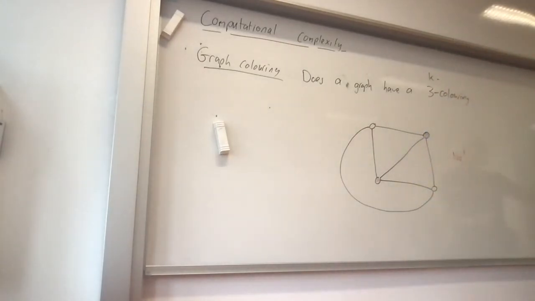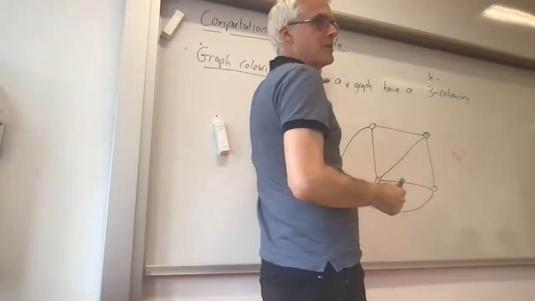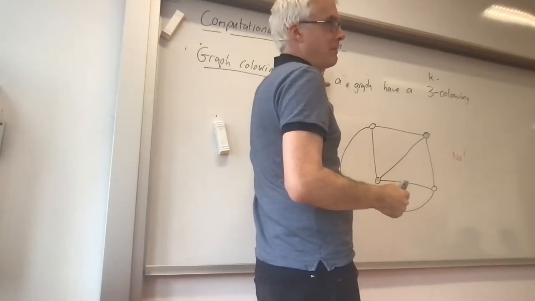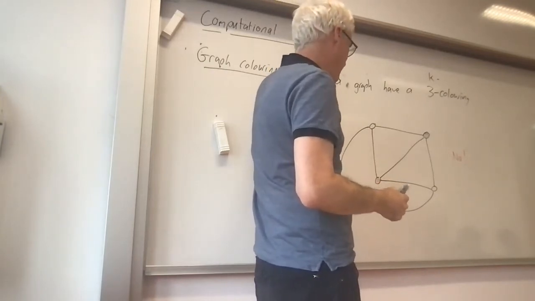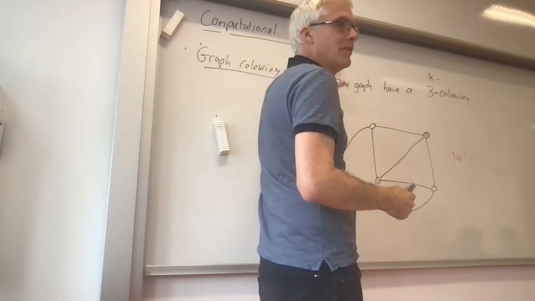And for those of you who know something about the field of computational complexity, you may know that this question about three colorings is a question that we do not know whether or not we have an efficient algorithm for. So this is a problem in a very important class of algorithmic problems called the NP-complete class.